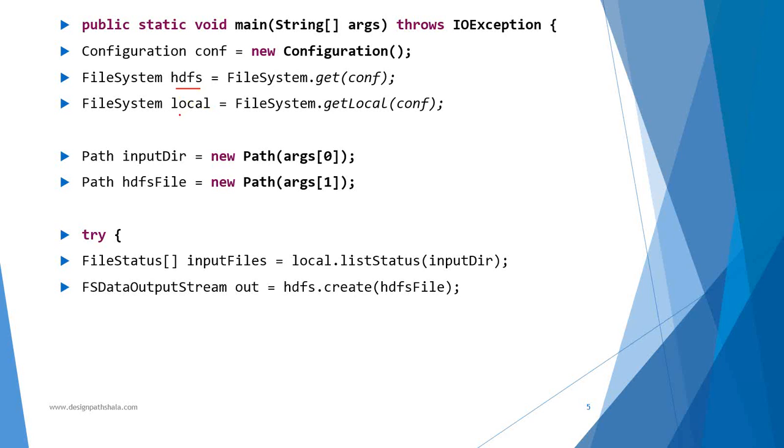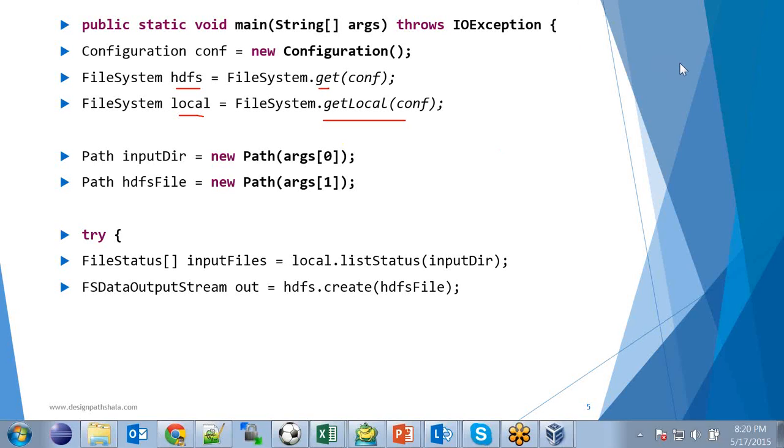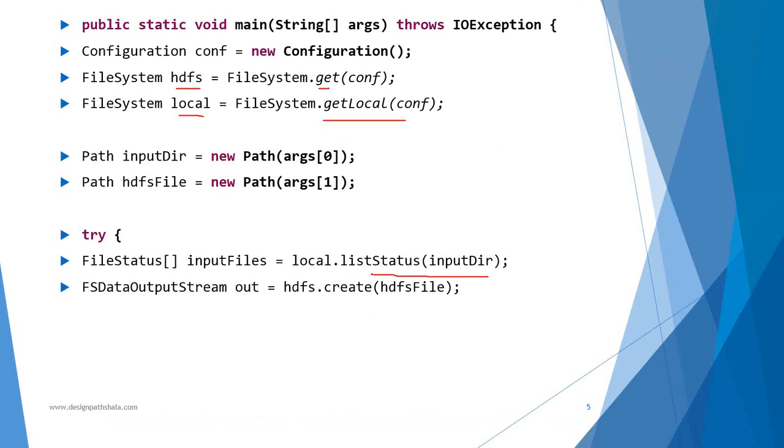Once you get the object, I've got the local object, I've got the HDFS file system object. Here I am just saying list all the directories locally. So in this program, what I'm doing is, before I tell you what I'm doing in this program, I have a question for everyone in the class.